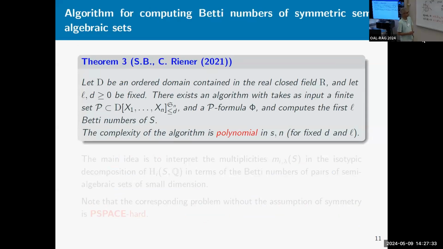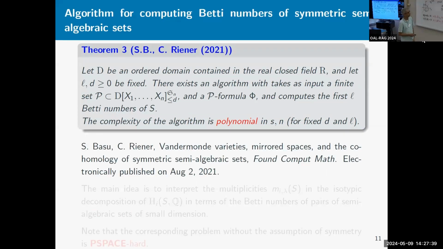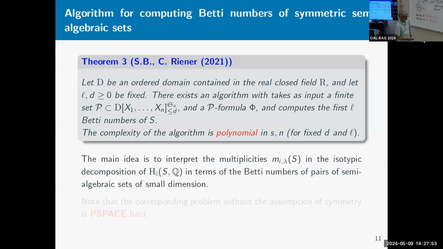And the work also has some algorithmic consequences, mainly that we are able to compute the Betti numbers in this kind of fixed dimension and fixed degree situation with complexity polynomial in s and n, the number of variables, and exponential in the degree and m.